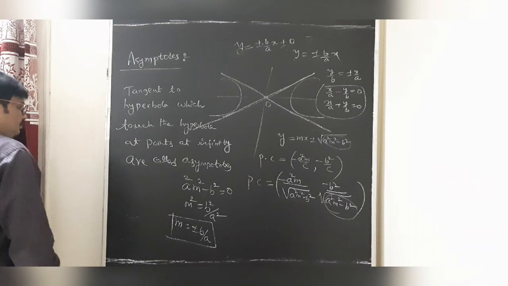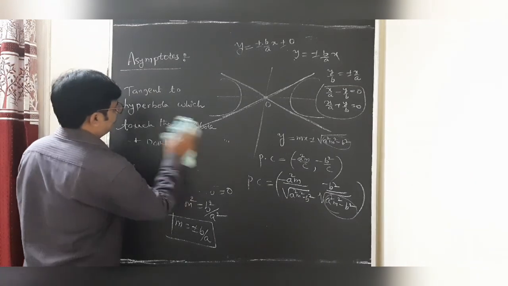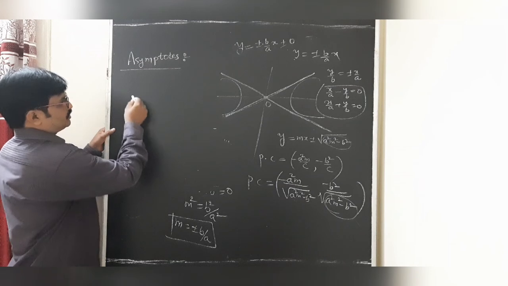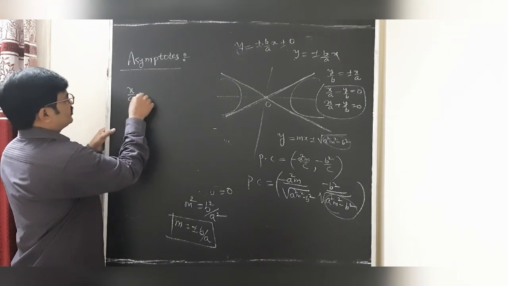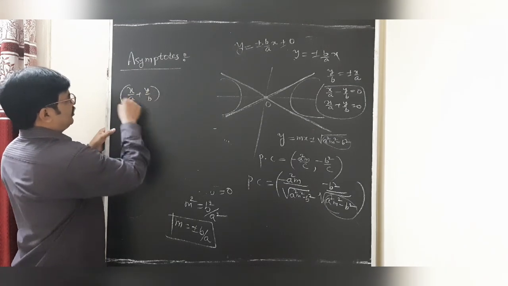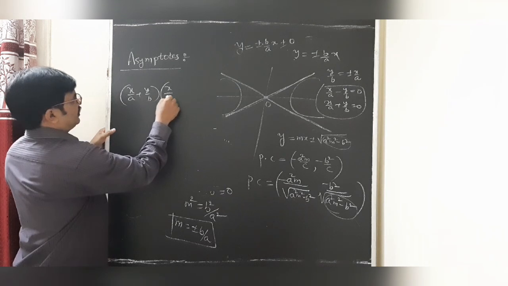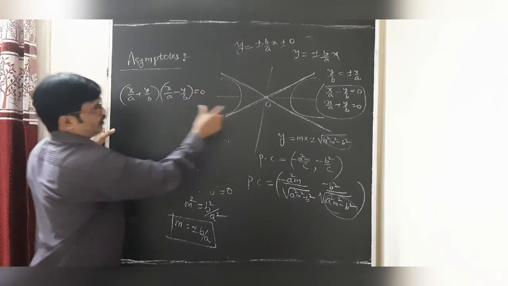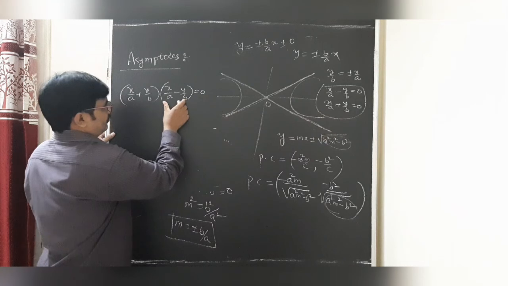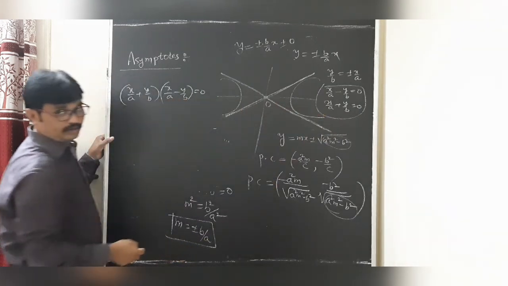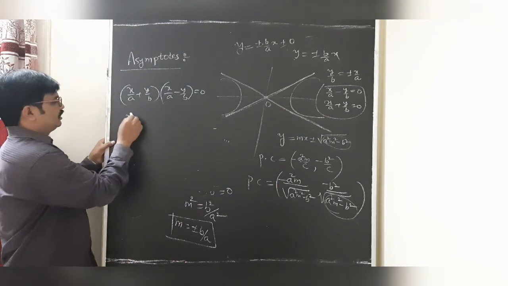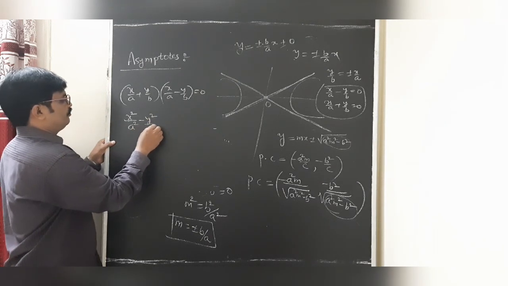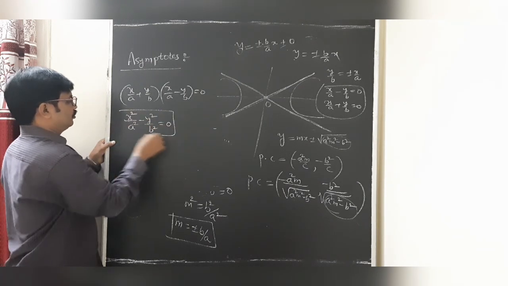The first line is x/a + y/b and the other line is x/a − y/b. The first factor equals 0 and the second factor equals 0. So the combined equation is x²/a² − y²/b² = 0.